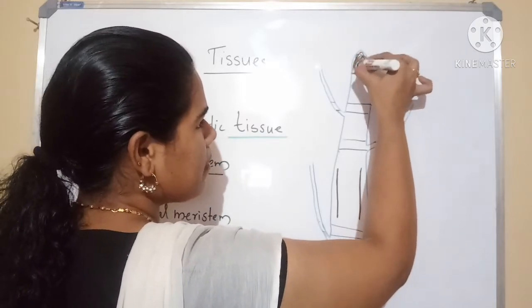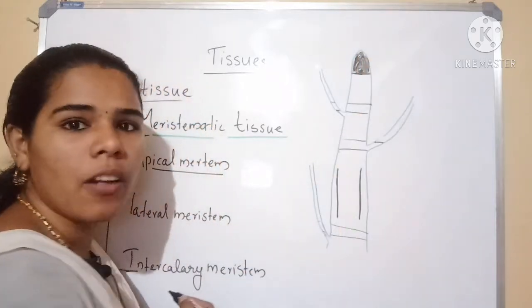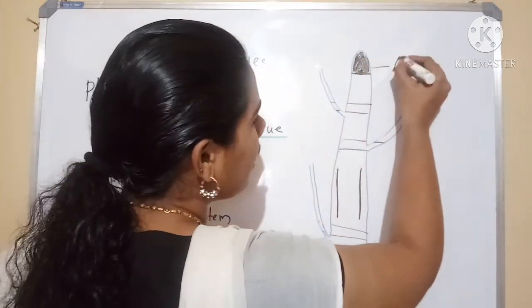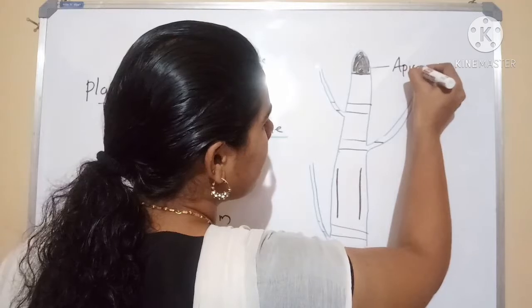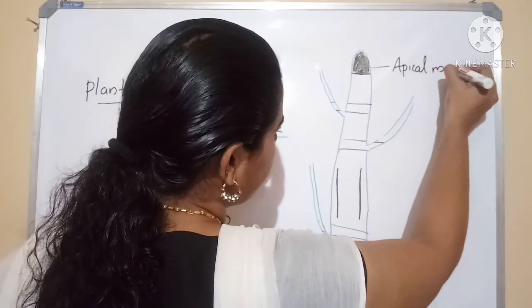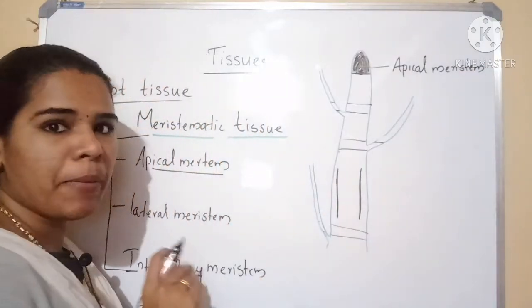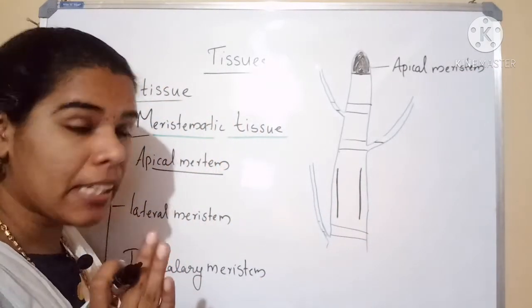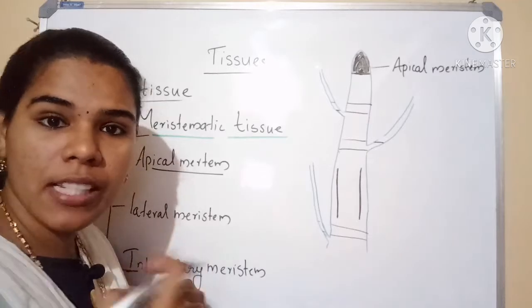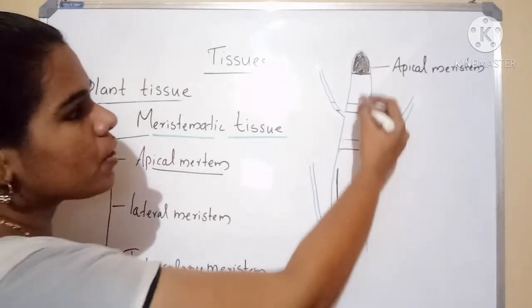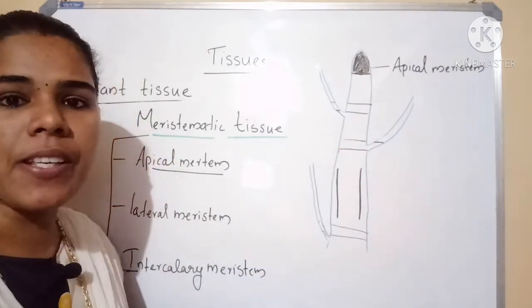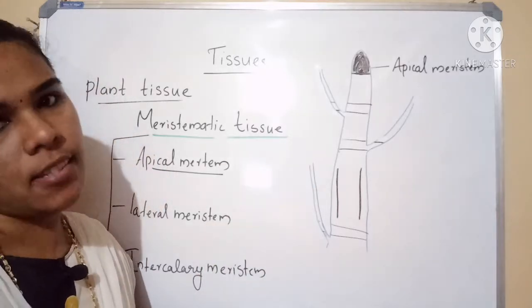These meristematic tissues are called apical meristem, not apical tissue, it is apical meristem. Meristem means dividing cells. So the apical meristem is present at the tip of the stem.